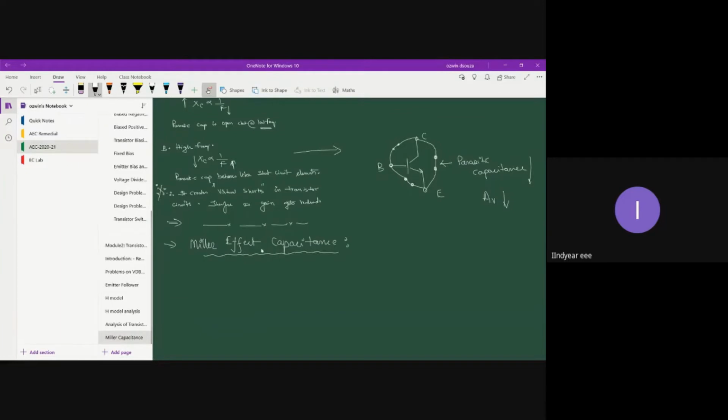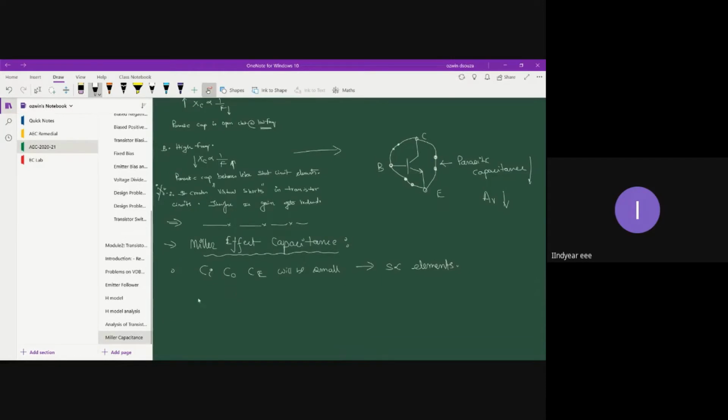As I said in the beginning, in a high frequency region, reactances of the input coupling capacitor, output coupling capacitor, and bypass capacitor will be very small, and therefore for the analysis sake, these can be replaced with short circuit elements.